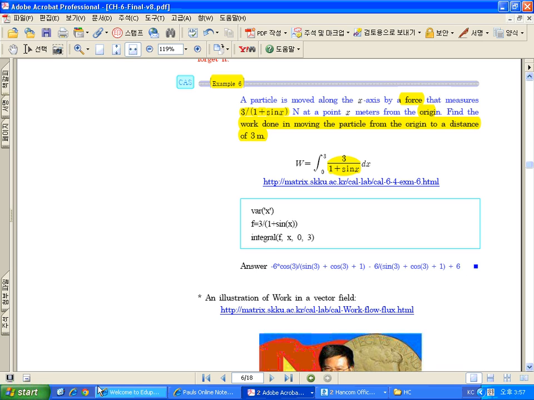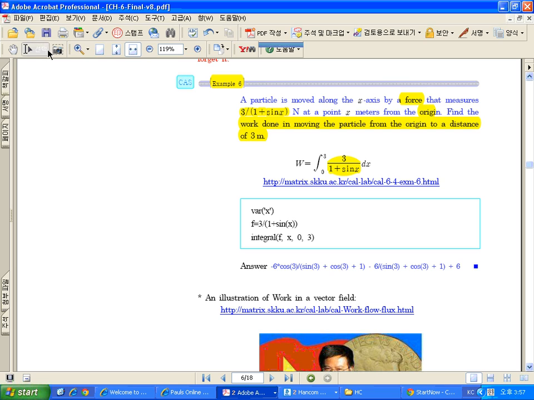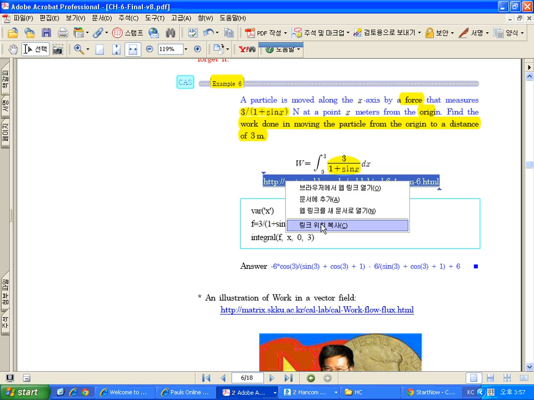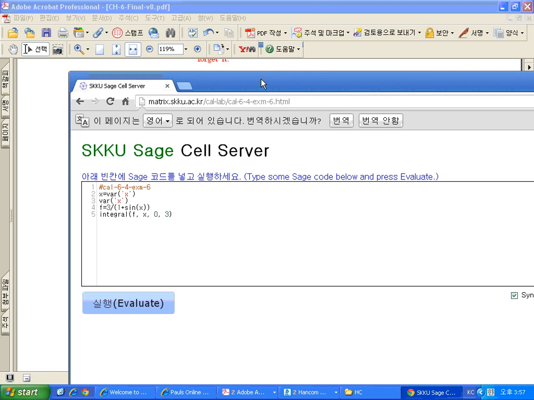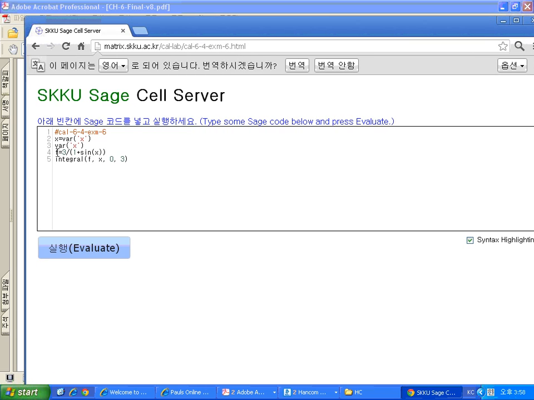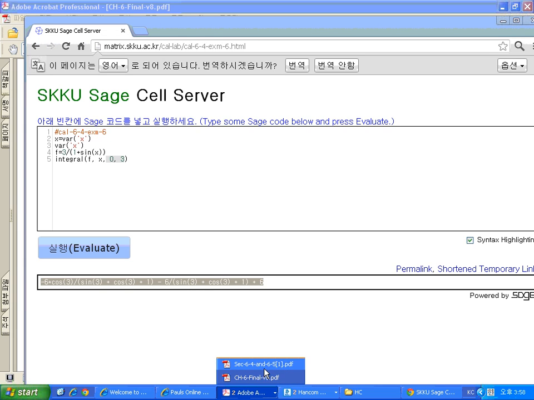Let's do the simulation. Okay, by copying this, and you see, the integral of f of x, which is 3 over 1 plus sine x, integrated with respect to x from 0 to 3 gives us the answer like this, which we have here.